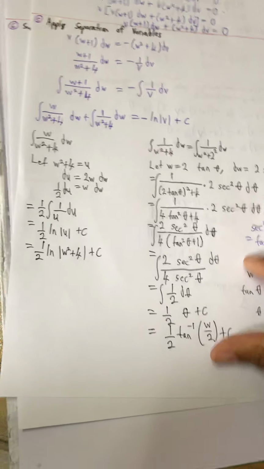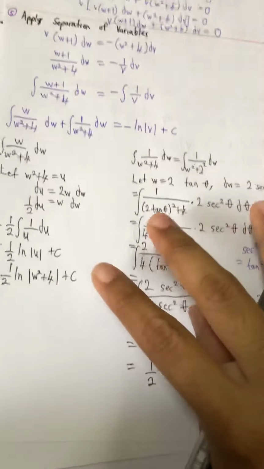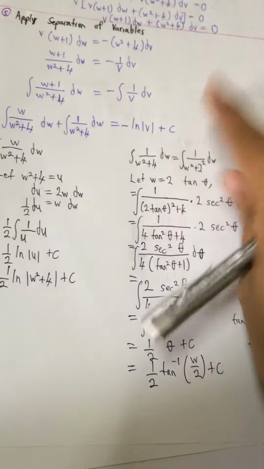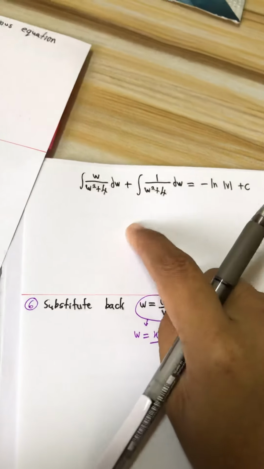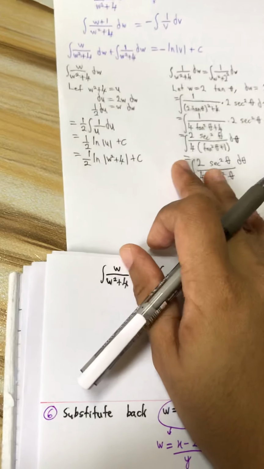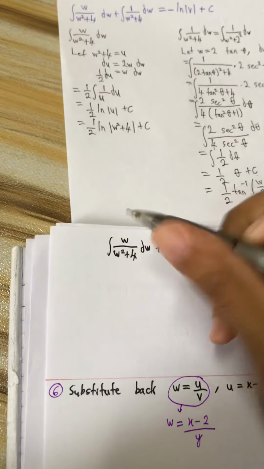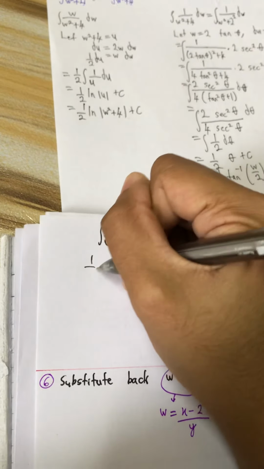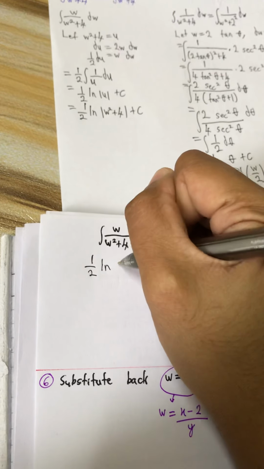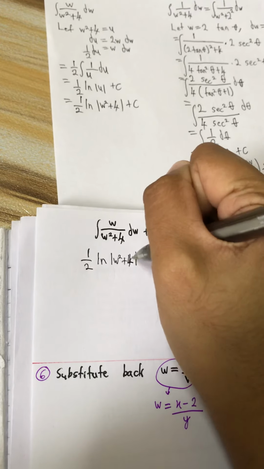So here we get both of the integrations, so we just substitute them into this form. So the first integration, the integration of w over w² + 4 dw, we get 1/2 ln(w² + 4).